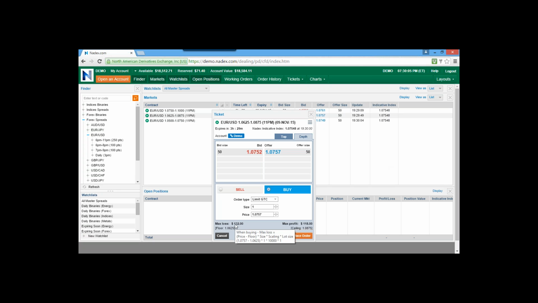Which you should never be doing with any strategy or system. If it's going against you 20 or 30 points or wherever your stop is, you get out. So you actually have a lot less risk with spreads than you do for binaries, okay?